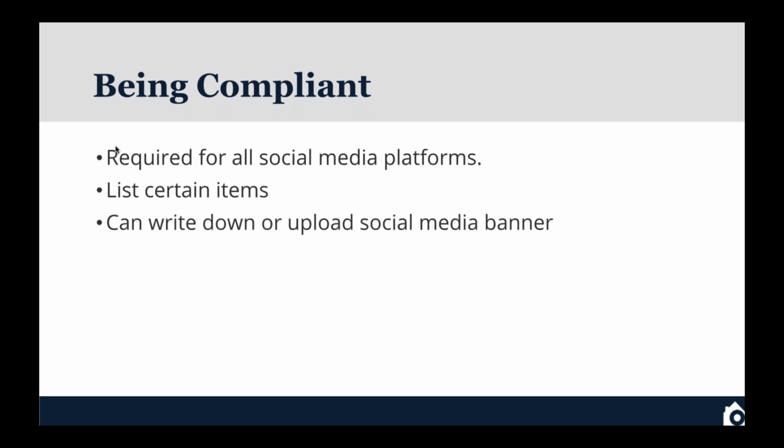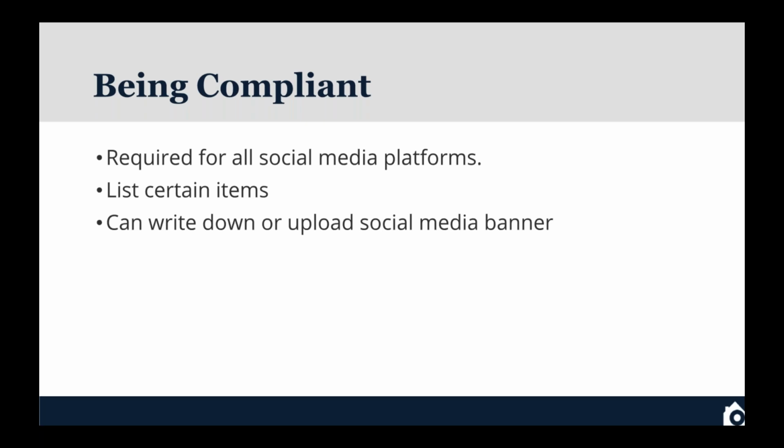And you can either write these down or you can upload these via the social media banner. Writing them down, we'll touch on in the next slide probably, but it includes going into your social media platform and looking for the about section. Usually the about section or description section is on your exact profile page.